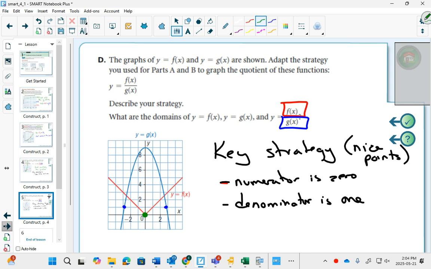Okay? They're technically not nice values, because my red graph there looks like it's 2.8, maybe? But if you took 2.8 and divided it by 1, you would get 2.8 again. So where the blue graph is 1, we can go straight up, and it's going to be exactly on the red graph at that point. Does that make sense? Okay.